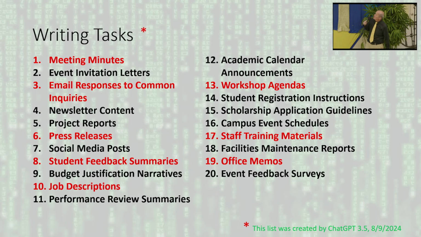Event invitation letters, I don't know what ChatGPT is smoking here. I don't know any faculty members who send event invitation letters. Email responses to common inquiries, yes, absolutely. I've even seen somebody jury-rig an automatic reply system out of their Outlook where if it contains these questions or these words, then here's the answer that they're going to get based on an AI output.